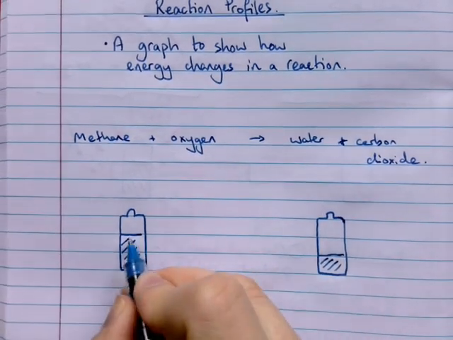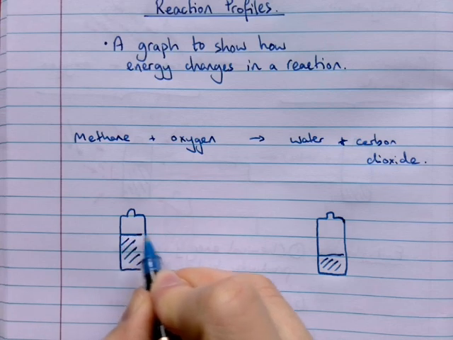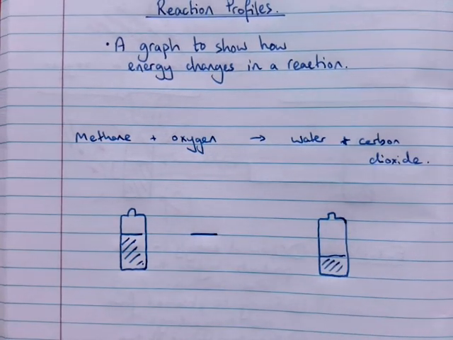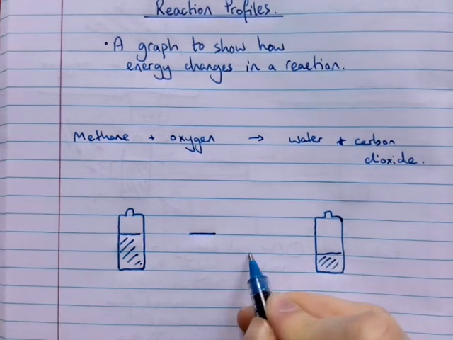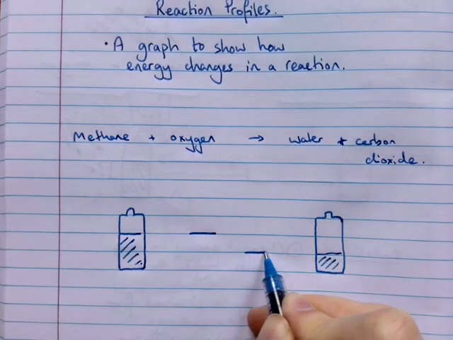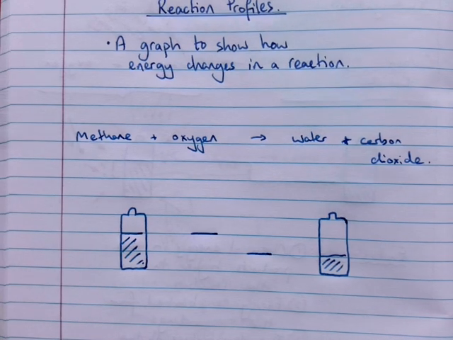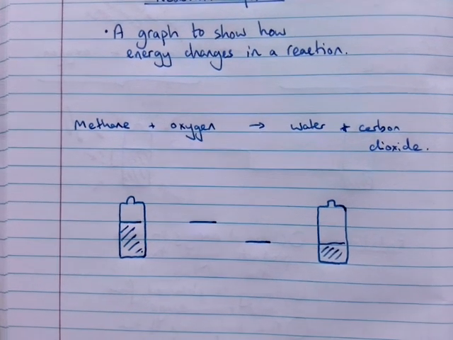So if we think about this level here is this much, and this level here is this much. Okay, now we can start to draw this as a graph.